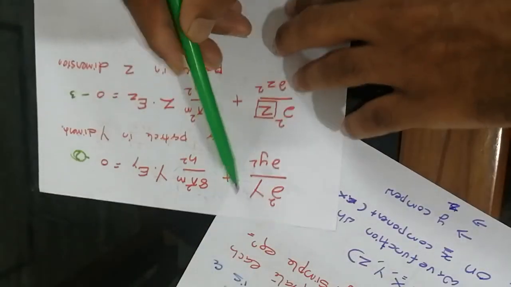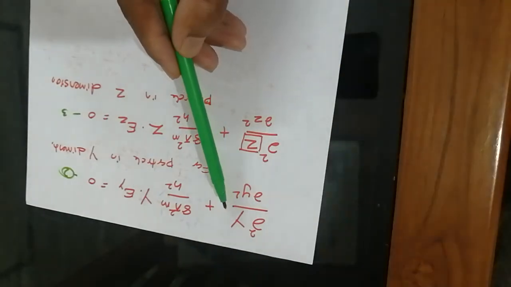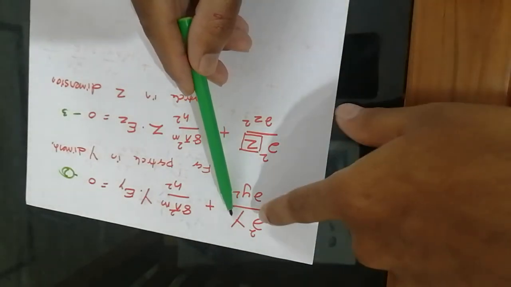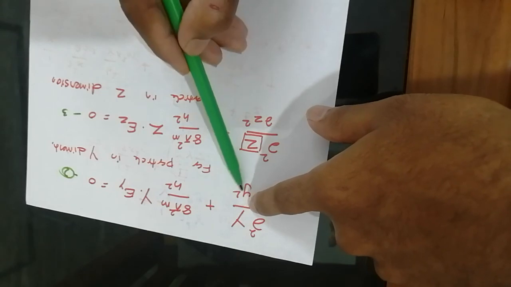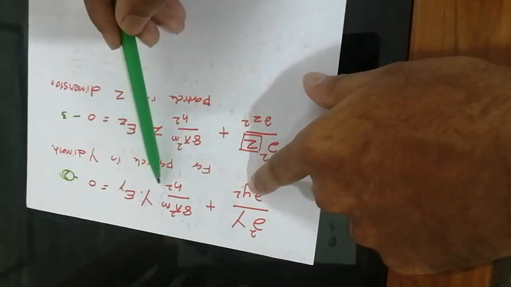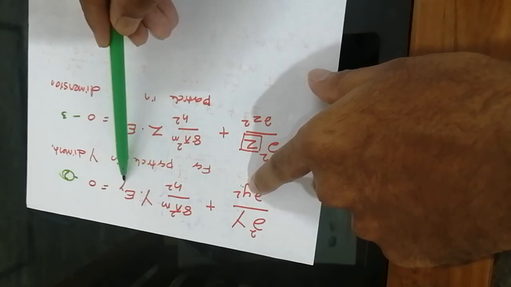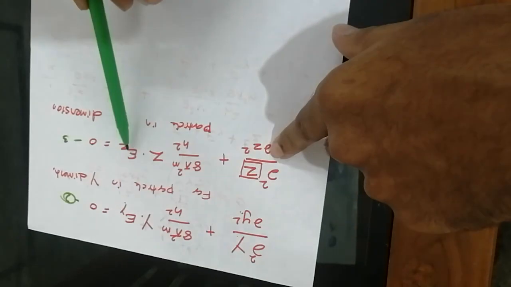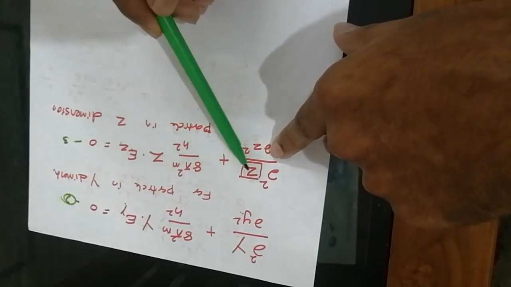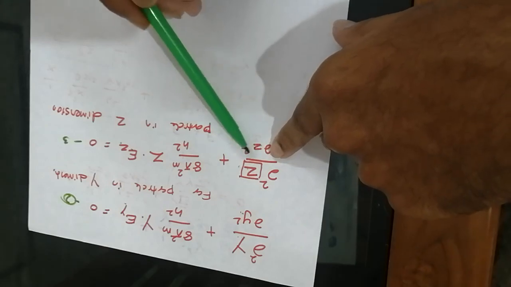You got a quadratic equation with a single variable. That's very important in mathematics. Here wave function is varying with y only, energy also variable with respect to y only. Here energy is variable with z only, wave function is variable with z only.